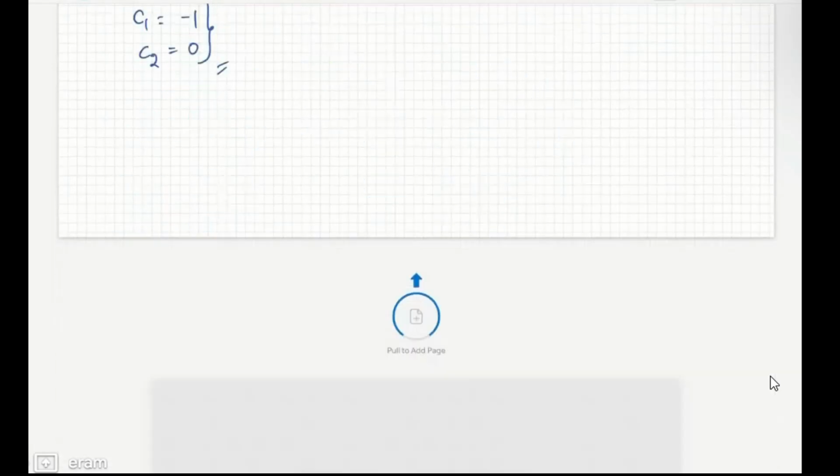Now let's move on to another problem. This question is related to the fundamental matrix solution.